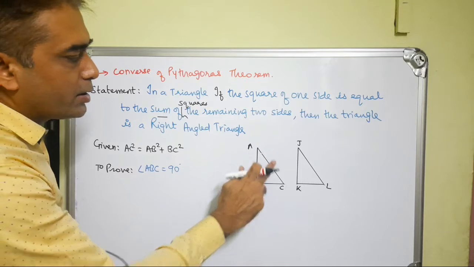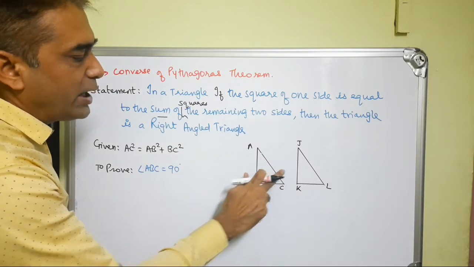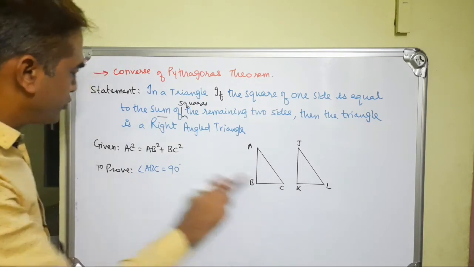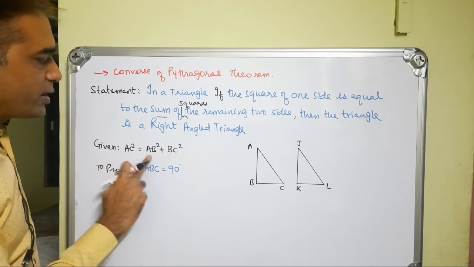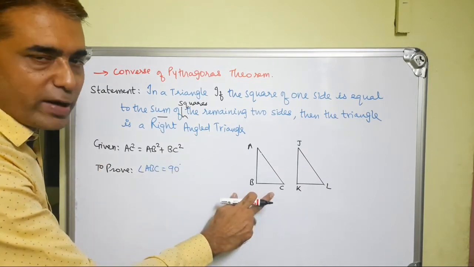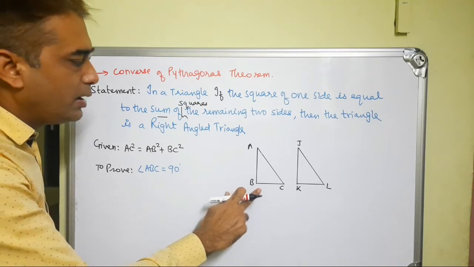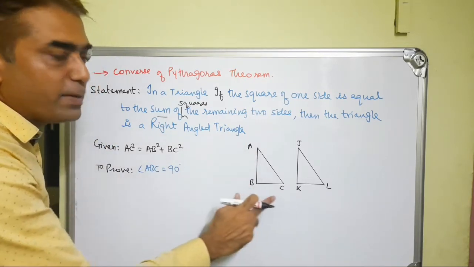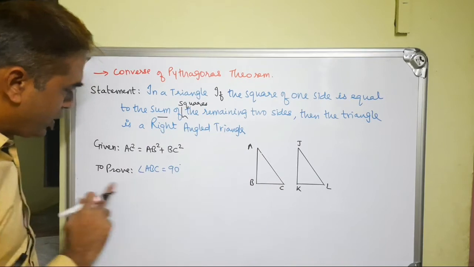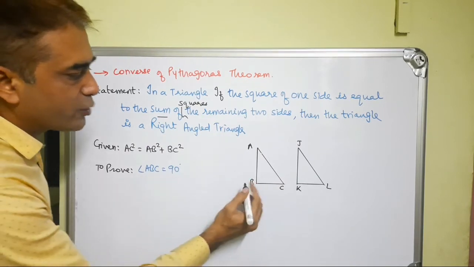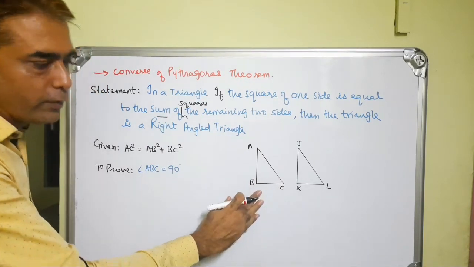Here in this triangle, given AC square equals AB square plus BC square, and we have to prove that angle B is a right angle, that triangle ABC is a right angled triangle. We have to prove angle ABC equals 90 degrees.